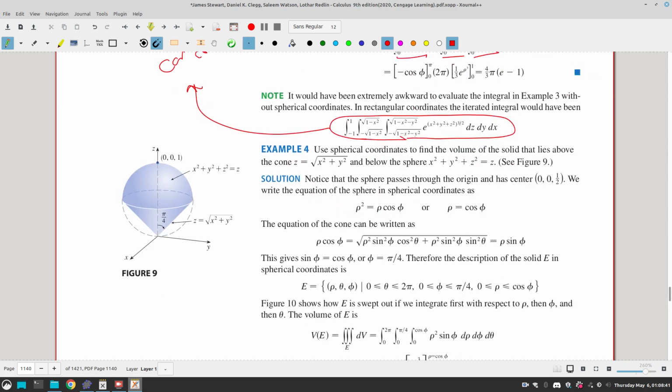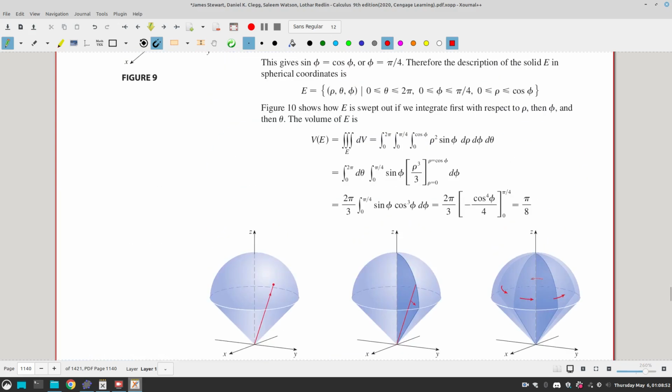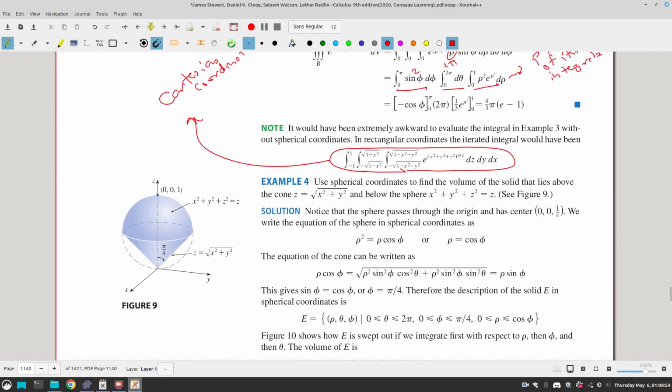Now, when should you change to cylindrical coordinates, or when should you change to polar coordinates? You consider the symmetry of the situation, and see if changing to cylindrical or spherical coordinates makes the problem easier. That's when you convert.